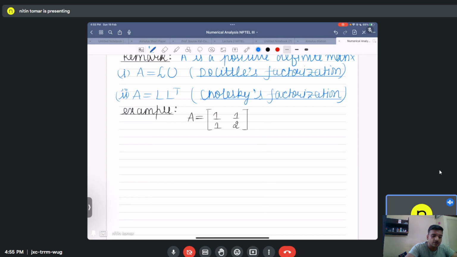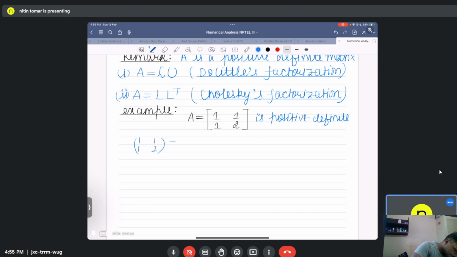You just compute all the principal minors. If they have positive determinant, then it is a positive definite matrix, right? Which means Cholesky's factorization we can do, right? Yes. So okay, let us compute.